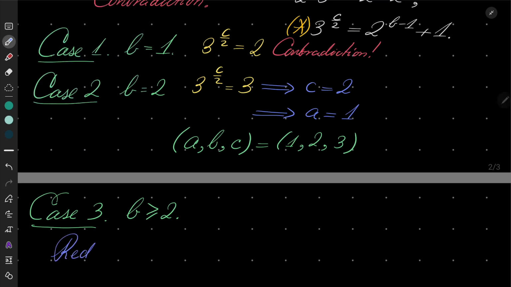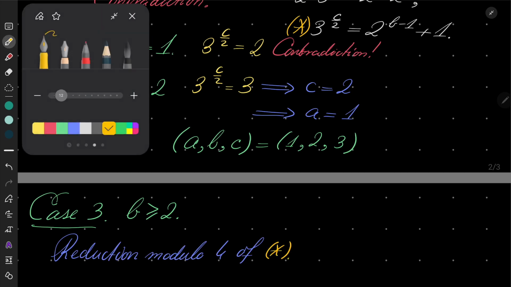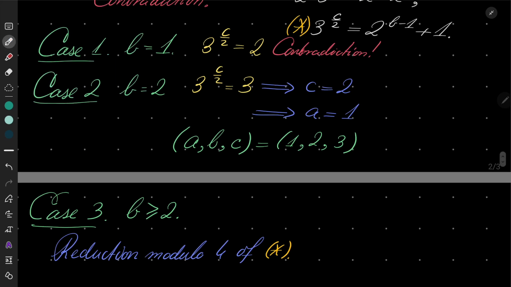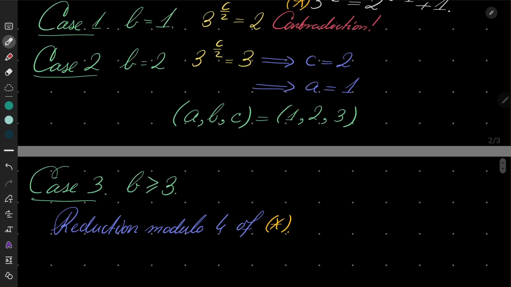Since b is greater than or equal to 3, sorry, my bad, there was a typo, 2 to the power b minus 1 is divisible by 4, and 3 is congruent to minus 1. So minus 1 to the power c over 2 is congruent to 1 modulo 4.